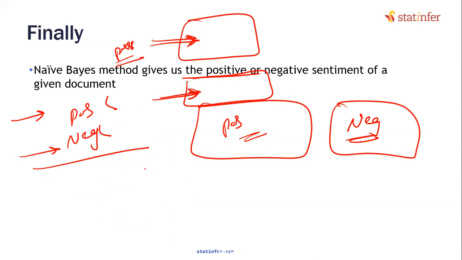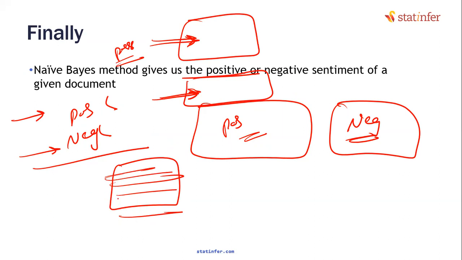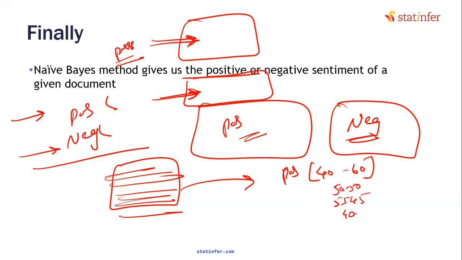What you should do instead, let's say in future, if a new document, somebody has written positively, somebody has written in the review negatively also, look at the probability. If the probability of positive is in the range of 40 to 60, that means 50-50, 55-45, 40-60, 60-40, then call all these as neutral.